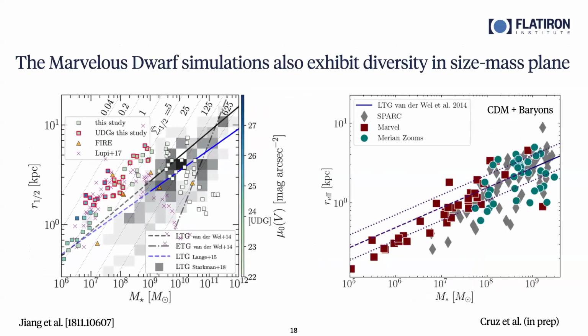Yeah. Okay, so actually, in some ways, I'm more excited about this. And this is less about dark matter, more about galaxy formation. I said before, if you look at 10 to the 9 stellar mass and below, these previous simulations are really only producing these diffuse objects. Now, if you look at my simulations, this is also R1/2 versus stellar mass.